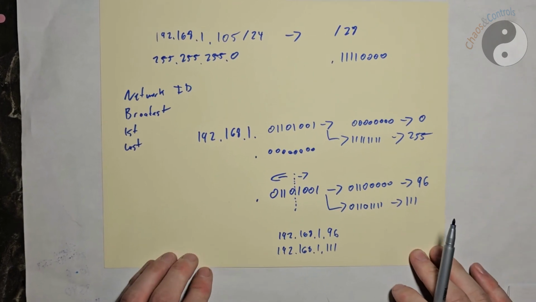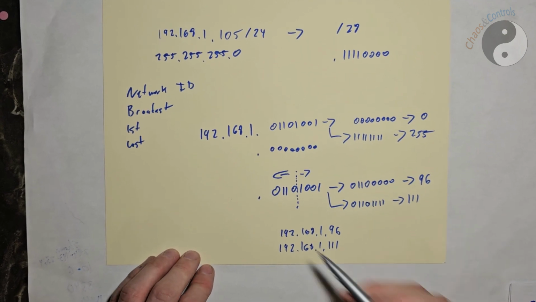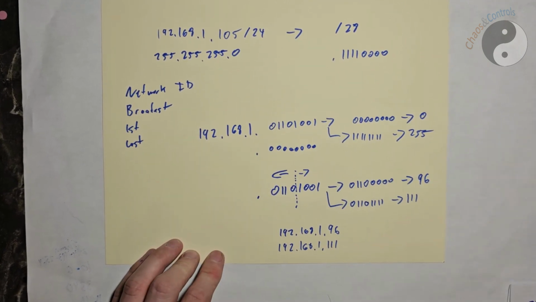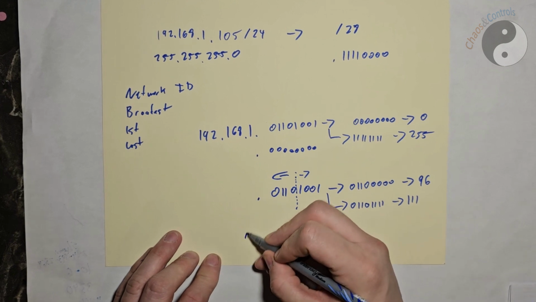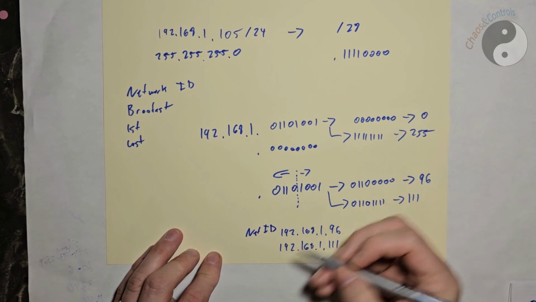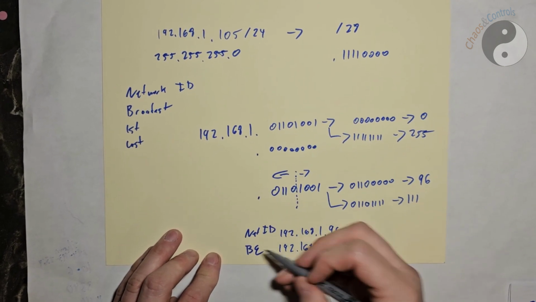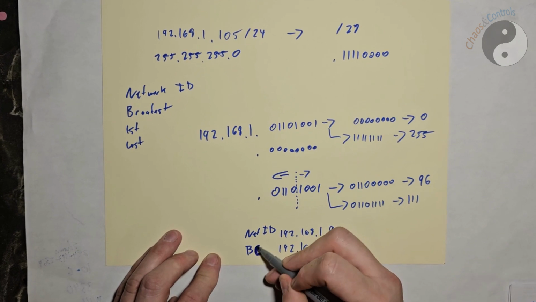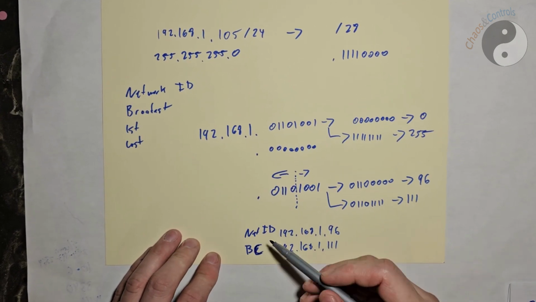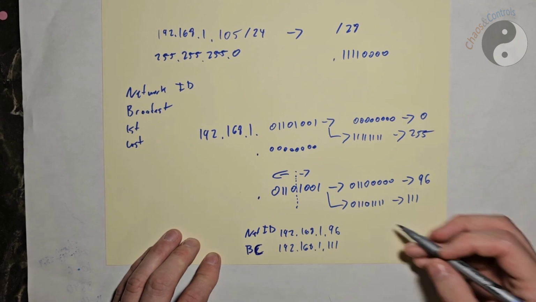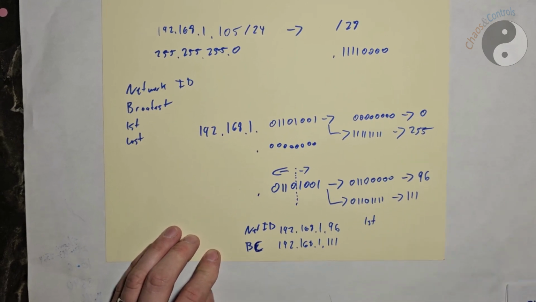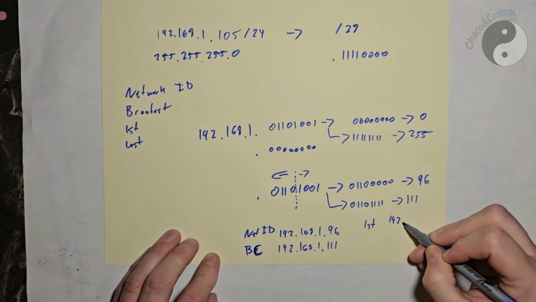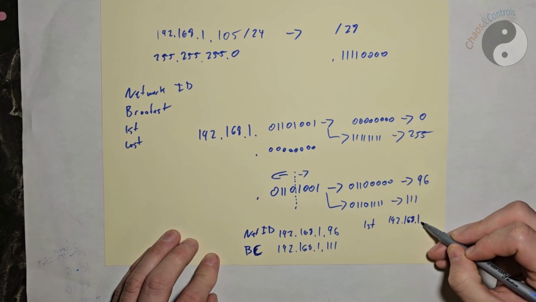Now, after that, you might want to know where our first and last devices can be. So if this is the network ID and this is the broadcast, I cannot put a C, I really am an engineer. My first device can go one above the network ID, so that can go to 192.168.1.97.